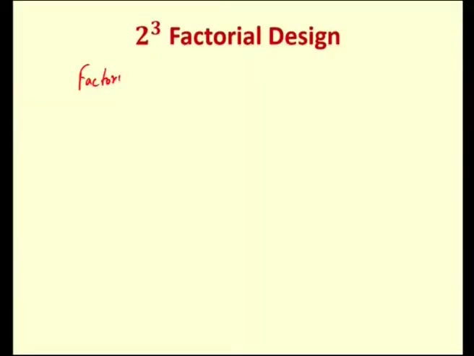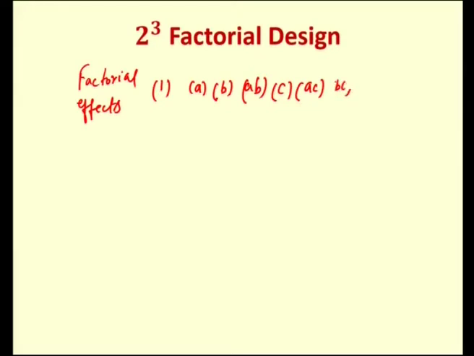So, the table is, we have the factorial effects and the different means as 1, A, B, interaction at the first level AB, C, AC, BC and ABC, second level interaction ABC, and finally we have the divisor.